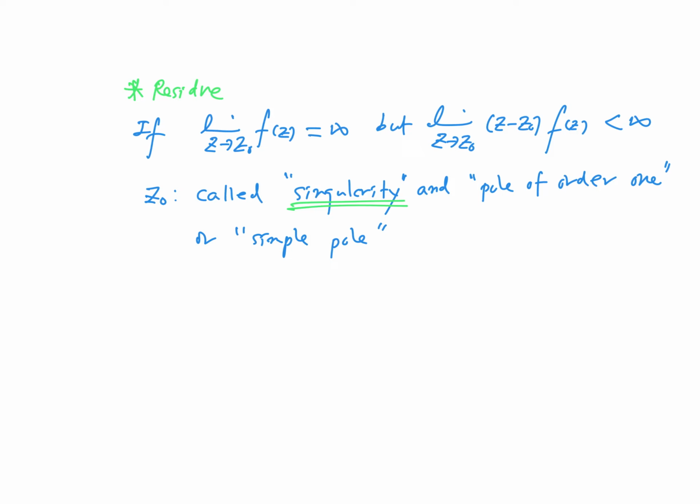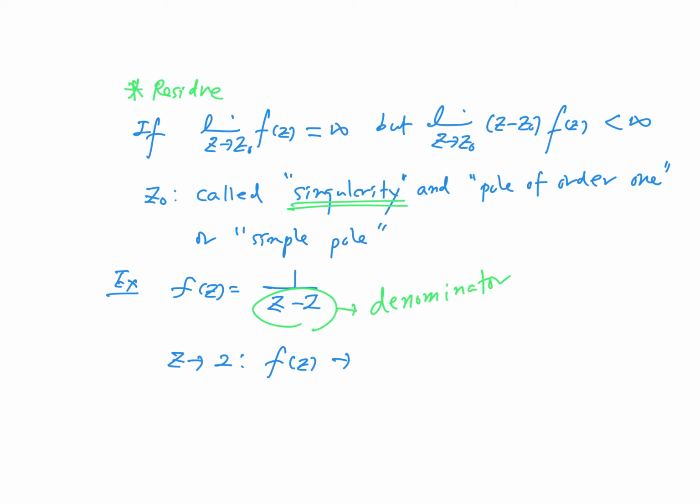For example, when f(z) is 1 over z minus 2, obviously when z is equal to 2, what happens? The denominator, this is called the denominator. So when z approaches 2, f(z) becomes infinite, right?